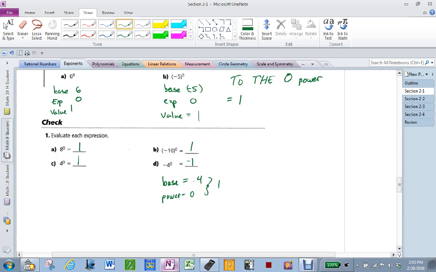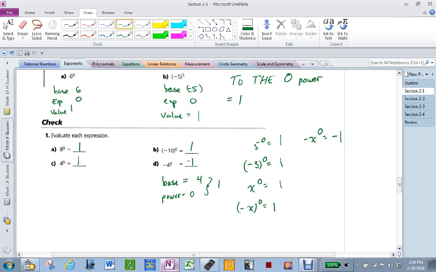So I'm going to give you a chance to fix it and make sure you really get it. What is 5 to the 0? 1. What is negative 3 to the 0? 1. What is x to the 0? 1. What is negative x to the 0?